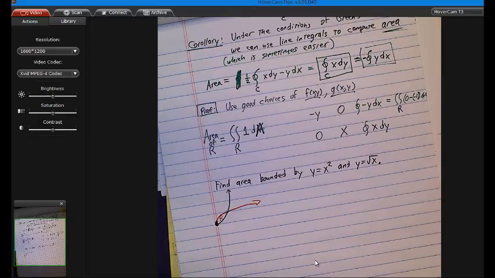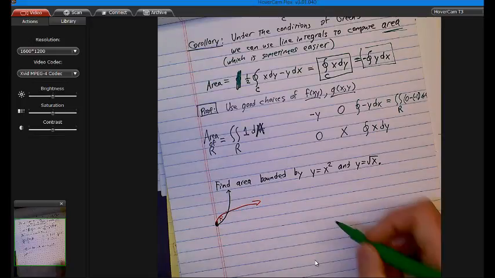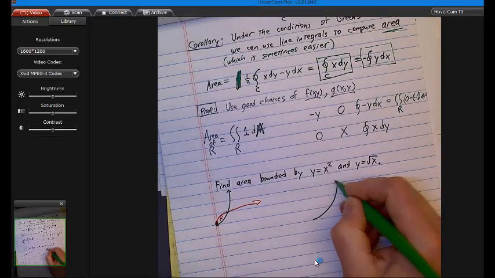I could do this using Calc 1 techniques for sure, but let's try to find that area using Green's theorem. How does it work? Maybe this is not the simplest example, but it's not bad. If I'm going to use Green's theorem, I'll do it with line integrals. So we need to talk about C1 and C2. Let me draw a zoomed in version of this. Here's y equals x squared.